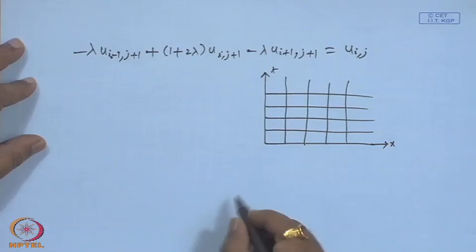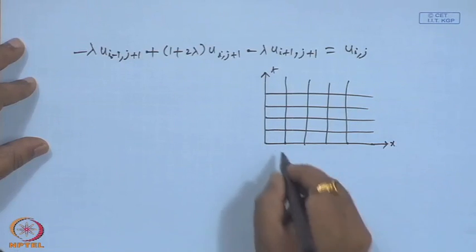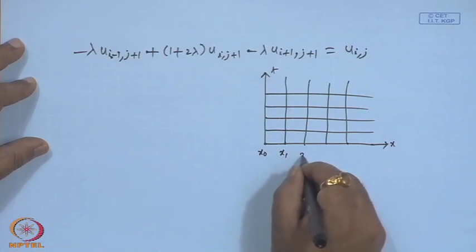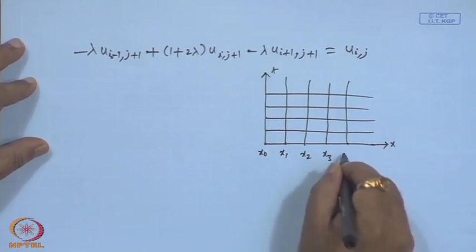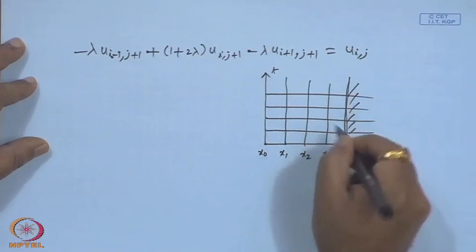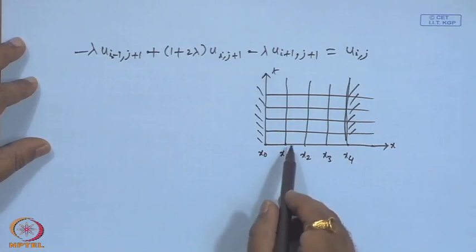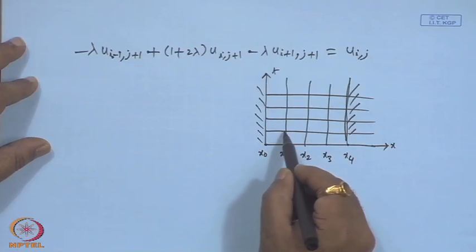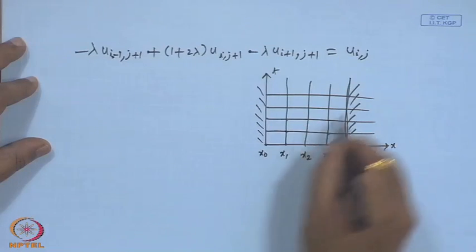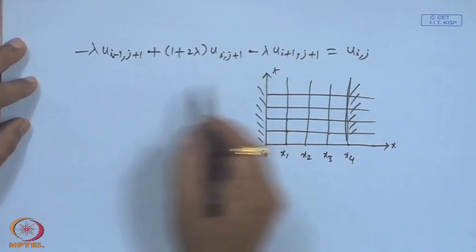Let us say these are the boundaries. This is x 0, this is x 1, x 2, x 3 and x 4. So, this is our boundary and this is our boundary. Essentially we need to solve at the internal grid points. These are the internal grid points, because at the boundary points we know the solution.